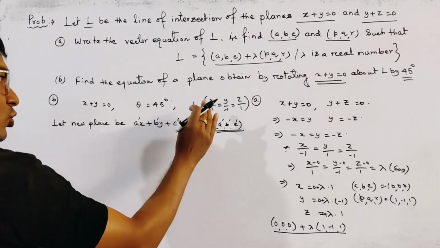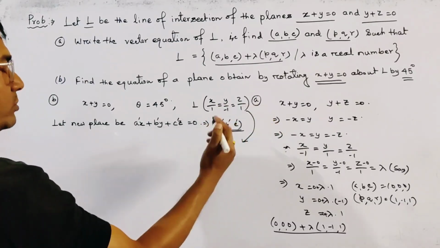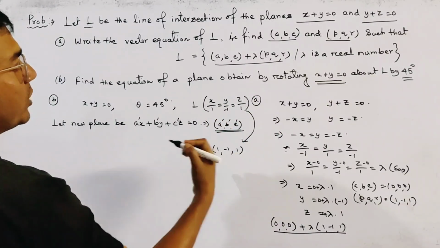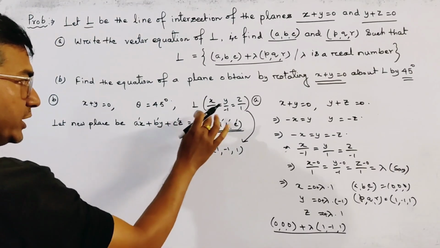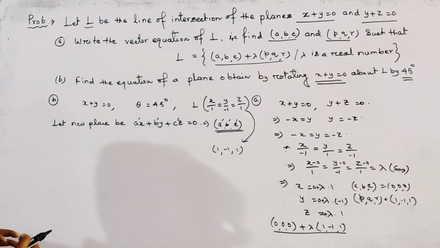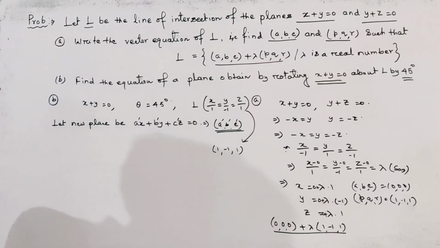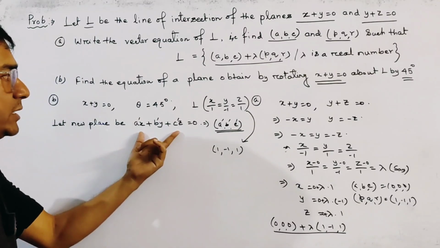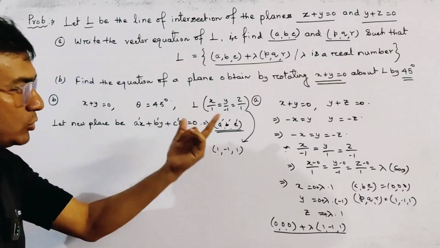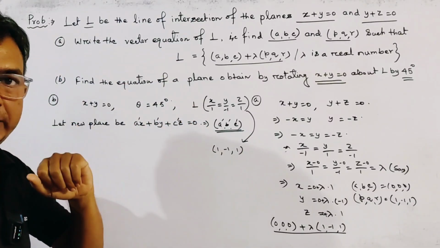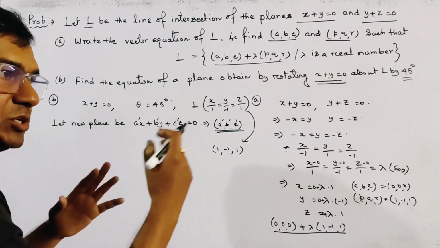And since the direction cosine or normal of the line is 1, -1, 1, and since this plane contains the line, we know that the normal of the plane and the normal of the line must be perpendicular, because the normal of the plane is along the perpendicular direction, but the line is along the straight line. So this normal vector and this normal vector must be perpendicular to each other.